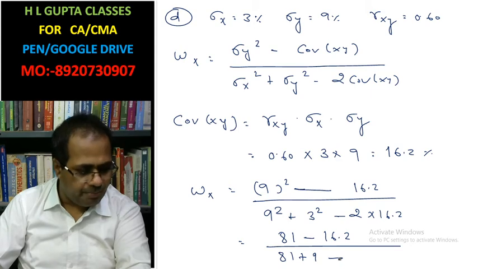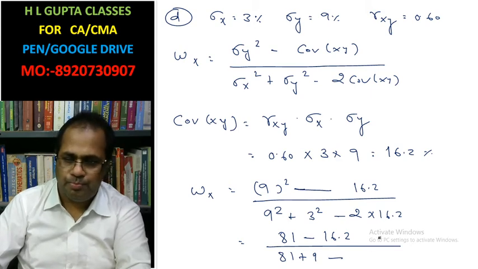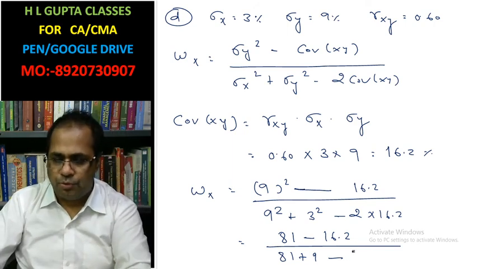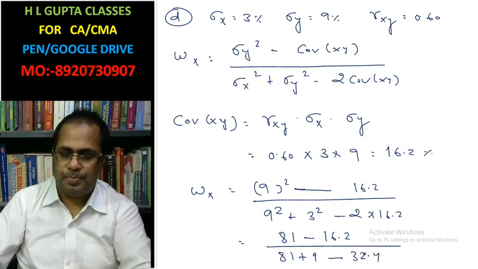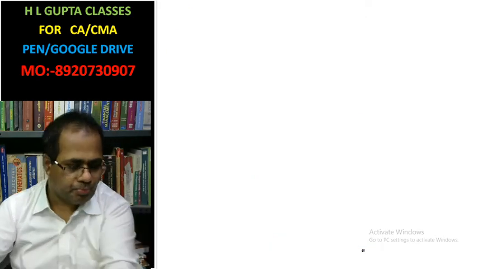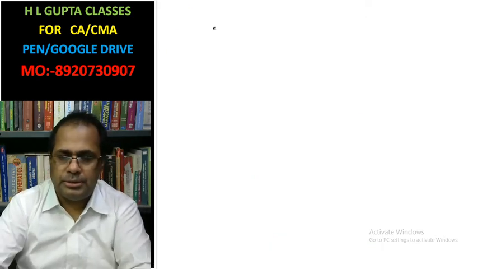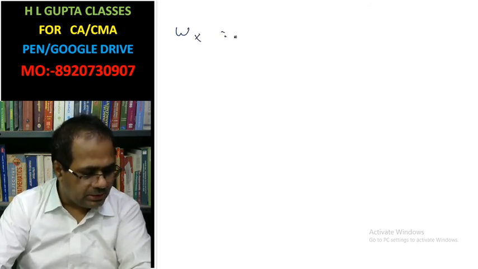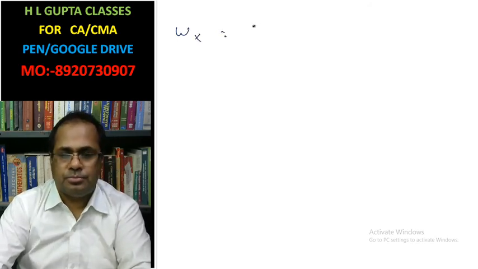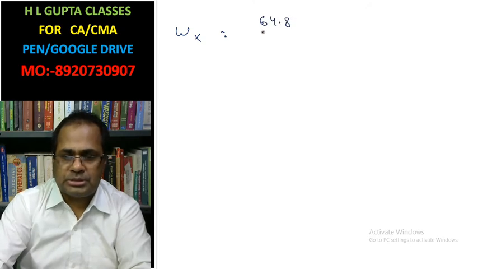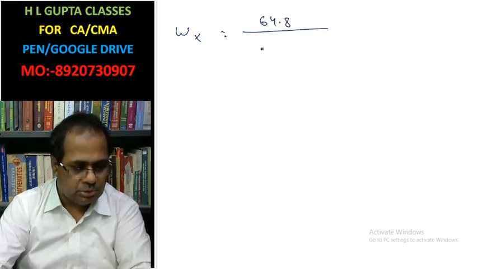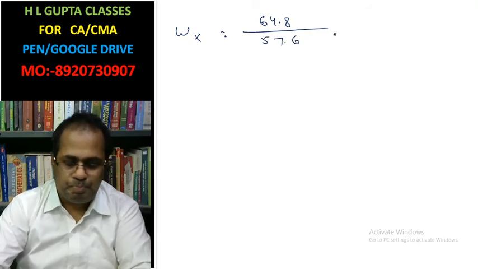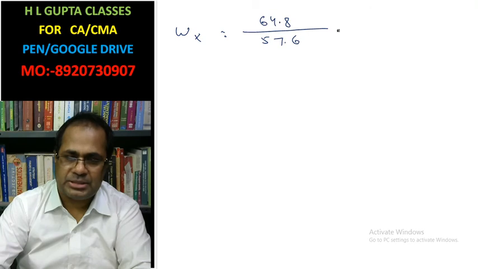This is 32.4, 16.2 into 2. Now weight X is 64.8 divided by 57.6.